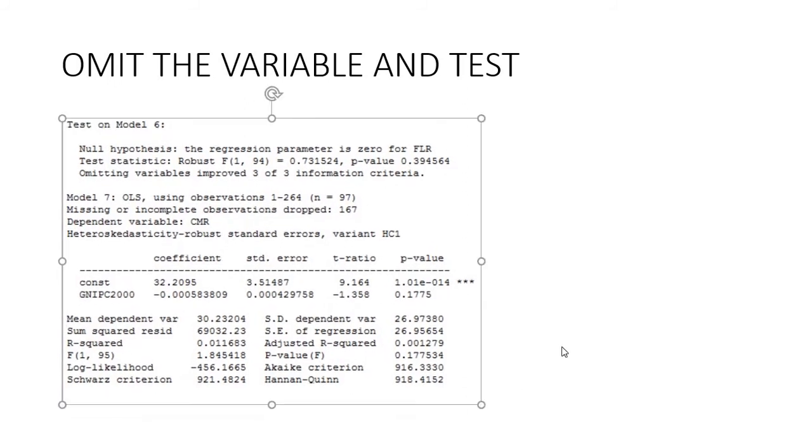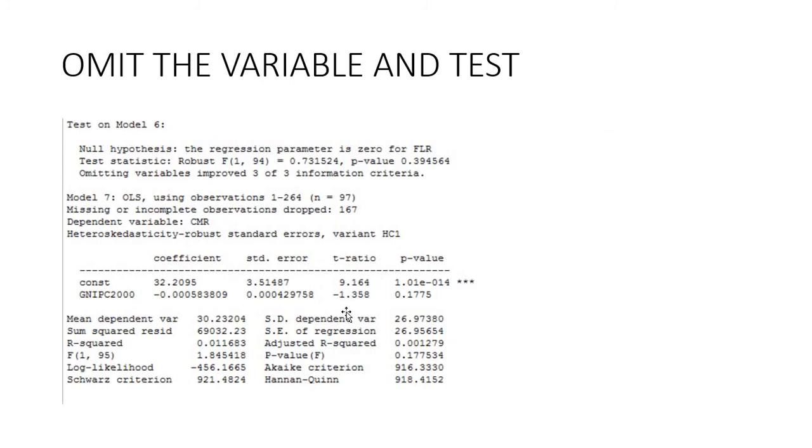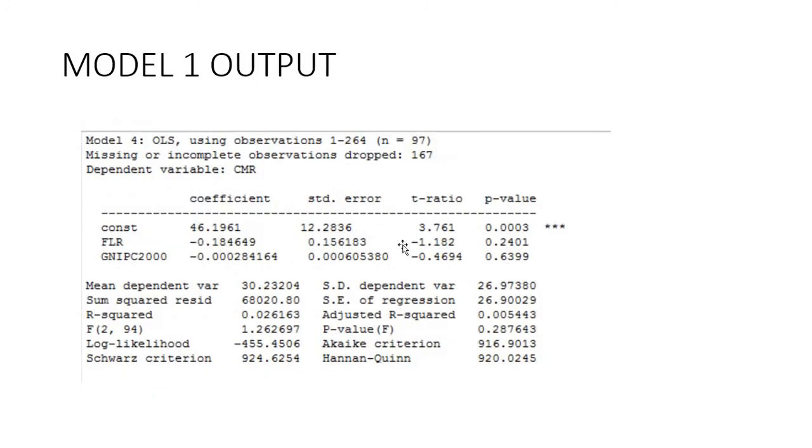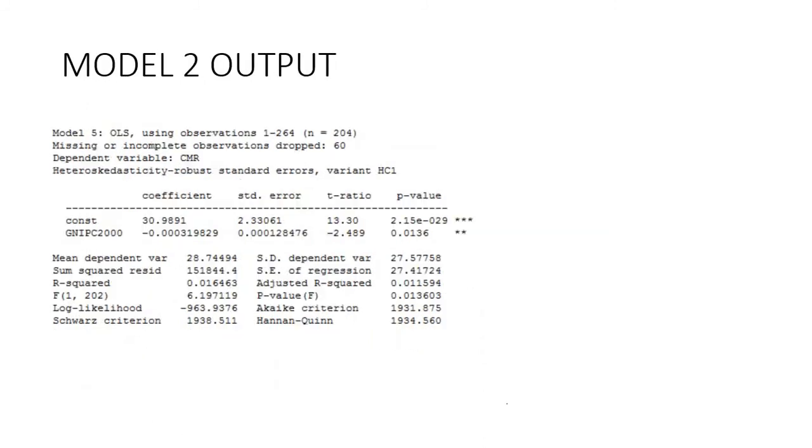So here it is. GNI per capita is still statistically insignificant. Nevertheless, the p-value is significantly higher than it used to be. You can also pay attention to the fact that we have a different value for the constant. Compare this value and this value.